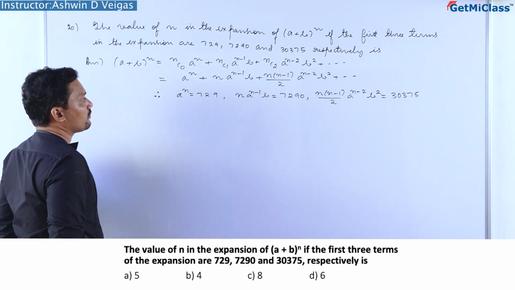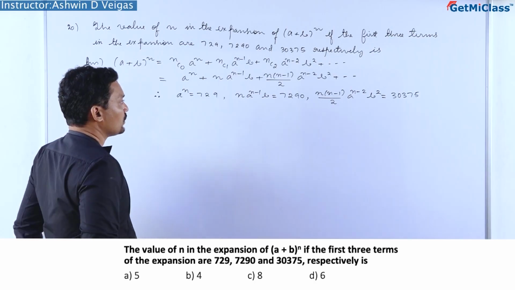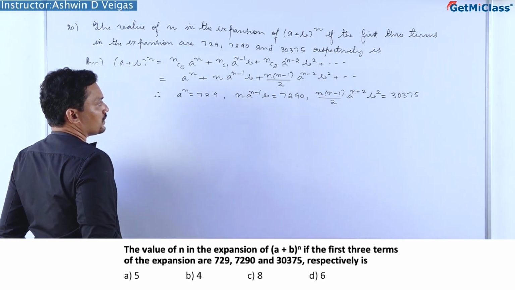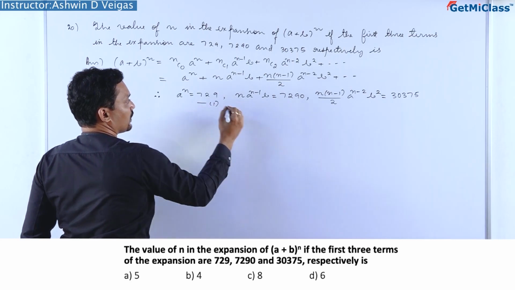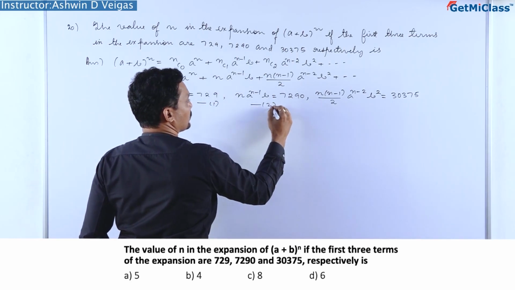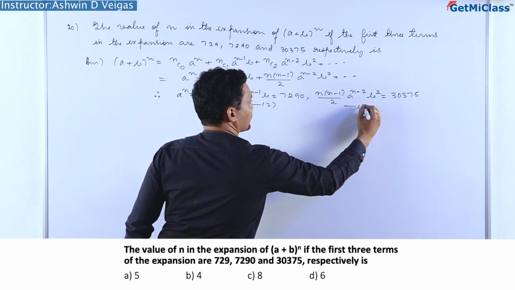Okay, now we have to find n from here. Let us call this equation 1, this equation 2, and this equation 3.